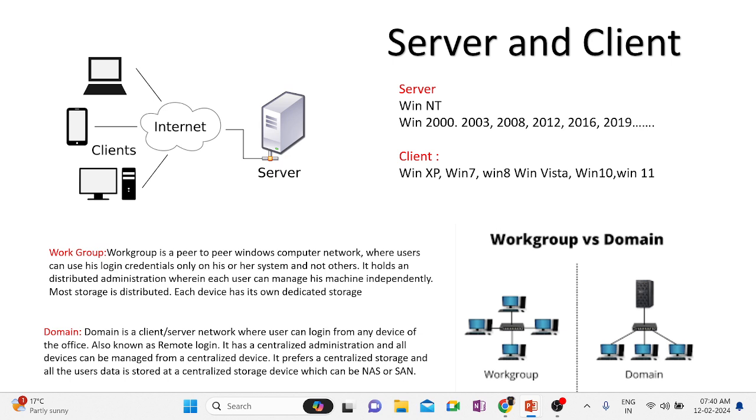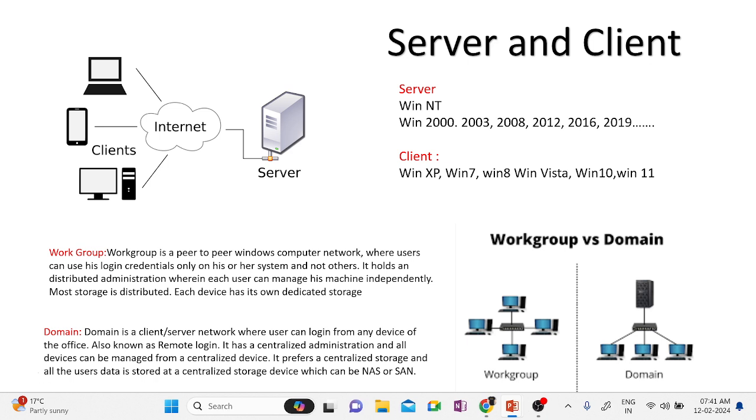But if it is an internal office application like your leave portal, your HRMS portal, or your insurance related portal, or the multiple other applications inside that office, you don't need the internet to access those. You can even access them within the corporate network. So basically the client and the servers are interconnected with the help of the network. The network can be either internet or intranet. Okay, so this is about the client and server architecture.